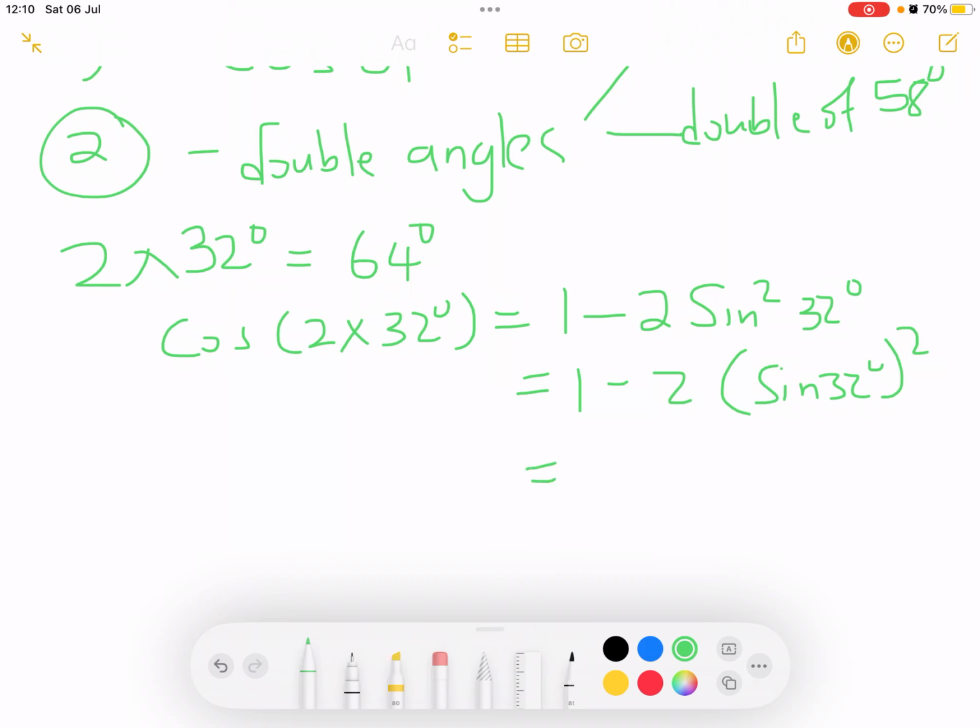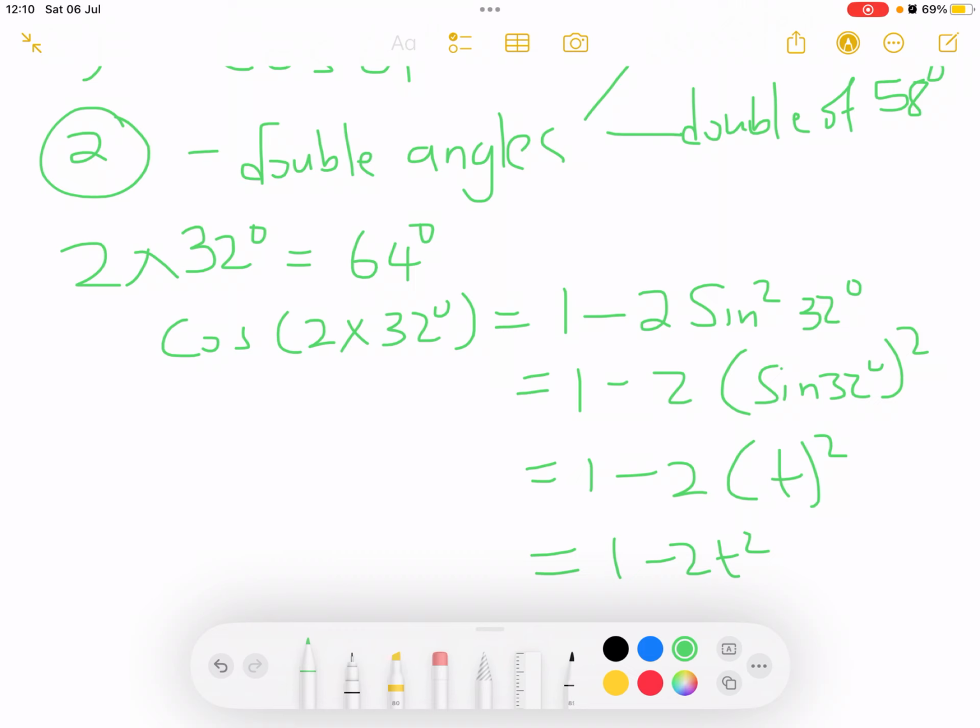And then this is 1 minus 2 sine of t squared. So it's 1 minus 2t squared.